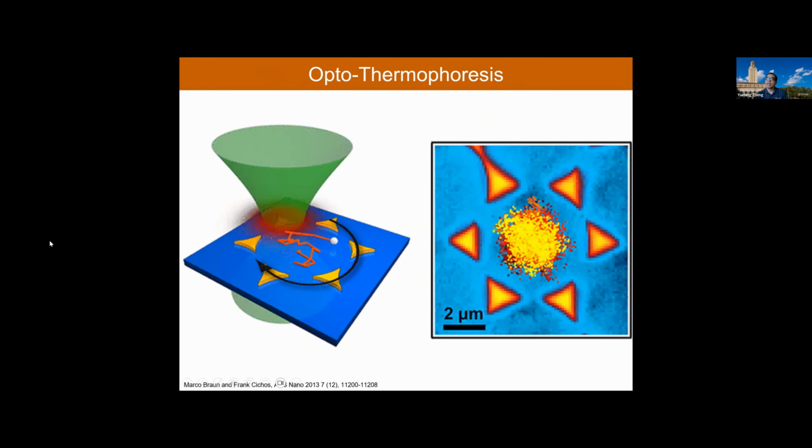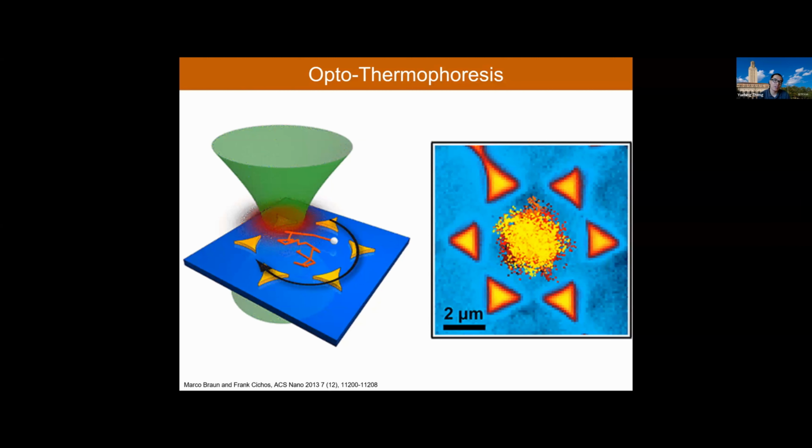The first scenario uses a mechanism called thermophoresis. Instead of using optical force, we use the laser beam to heat a substrate to create a temperature gradient. Through this temperature gradient, we introduce thermophoresis, where particles in solution typically move from one side of the temperature gradient to the other.